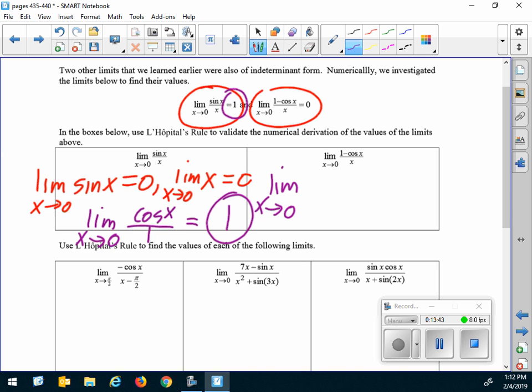Sine x over 1. Direct substitution: sine of 0 is 0, divided by 1 is 0. I like L'Hopital's rule. You think, why was this in Cal BC, Cal 2? I don't know. It's plenty easy for Cal 1.